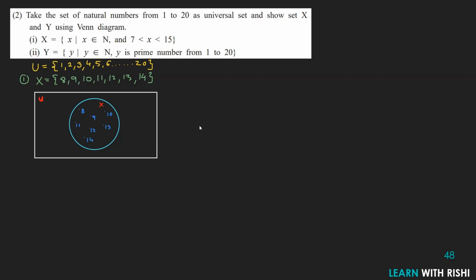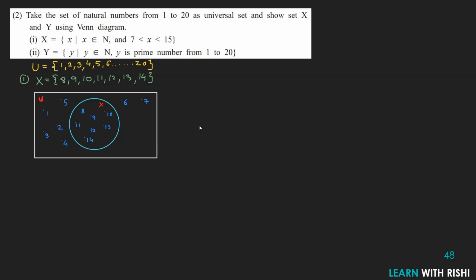Now rest of the elements which are included in universal set that are from 1 to 20, these I will mention in the rectangle. While mentioning all these 20 elements, I have already mentioned 8 to 14 inside the circle. These elements will be also included in the universal set. So here I will only mention 1, 2, 3, 4, 5, 6, 7.